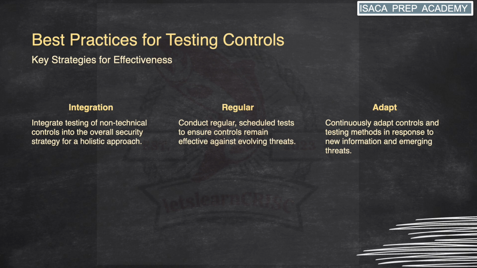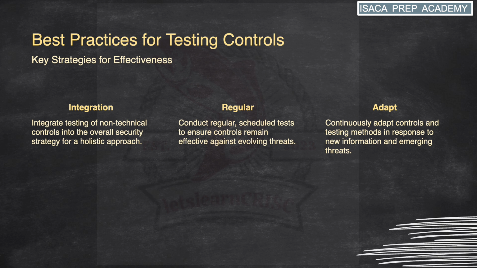Moreover, organizations should leverage threat intelligence and information sharing initiatives to stay informed about emerging threats and trends. And by proactively monitoring for new threats and vulnerabilities, organizations can take preemptive actions to strengthen their defenses and mitigate potential risks before they escalate.